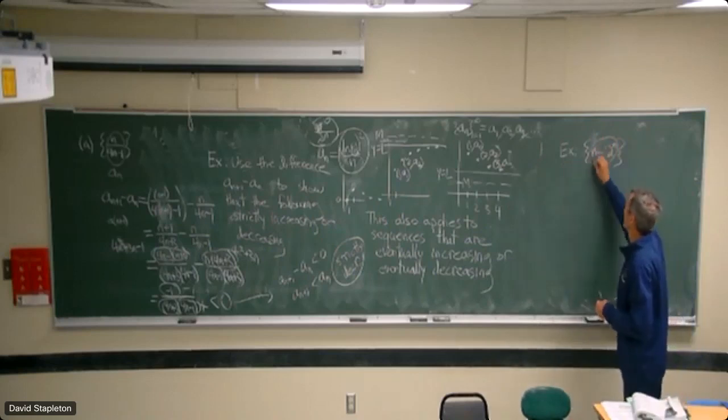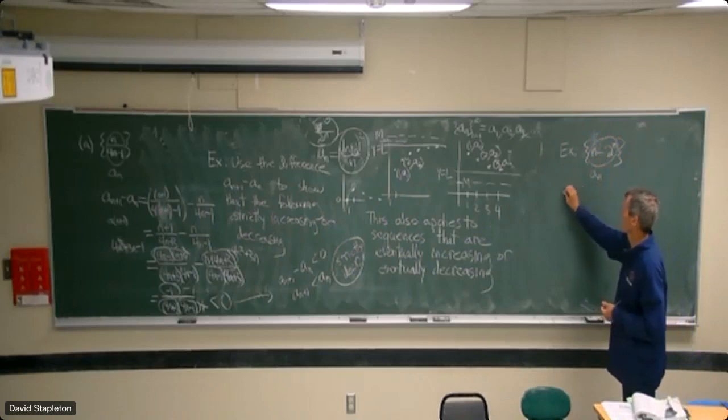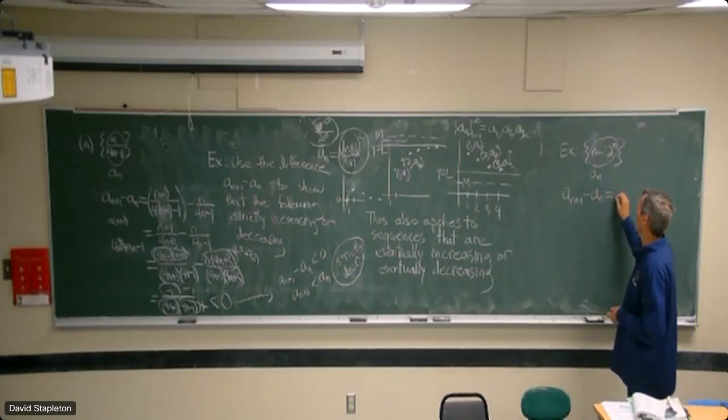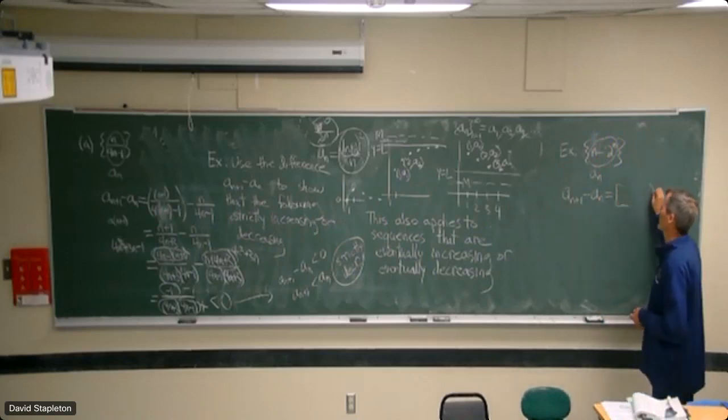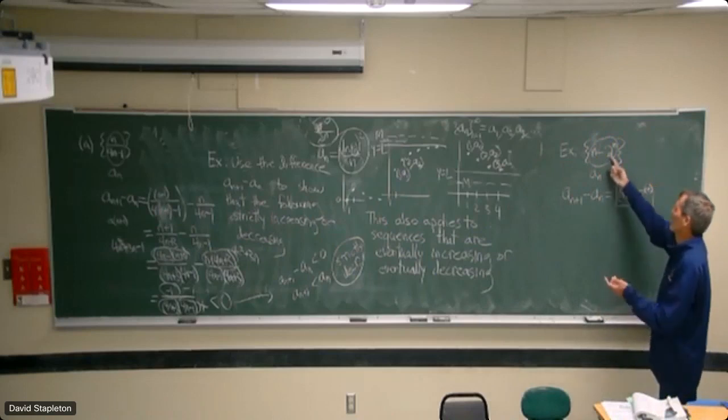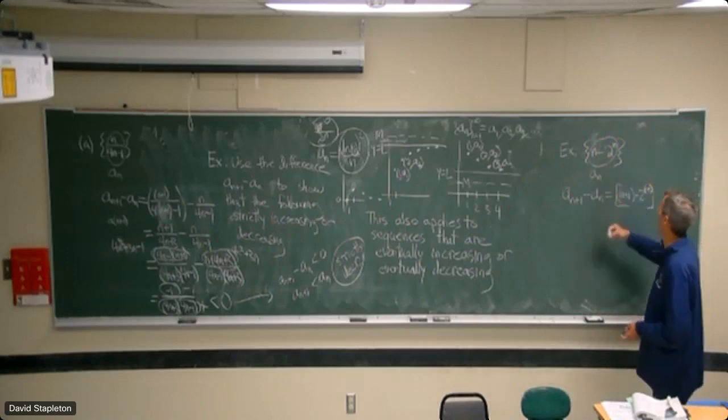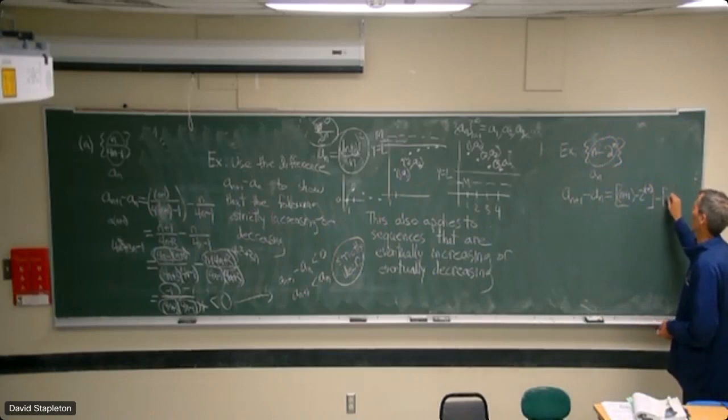This is the nth term a_n. To find a_{n+1} minus a_n, for a_{n+1} we replace n with parentheses and put in n plus 1, so it's n plus 1 minus 2 to the n plus 1, because it's just a discrete function a of n. And then minus a_n, you just copy what you see.